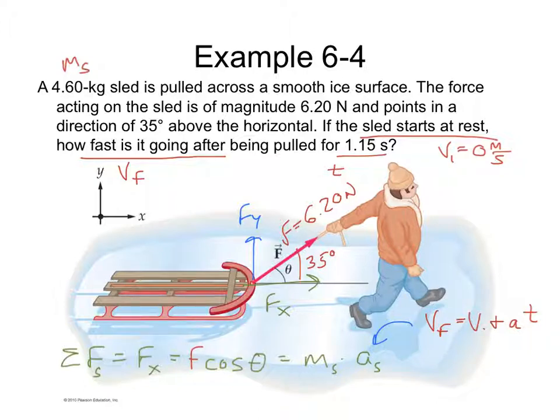Let's go ahead and do that. I'm going to rearrange this and solve for acceleration. So I'm going to do V final minus V initial divided by time equals acceleration. What that means is that since these are equal expressions right here, I can just take this and plug that right in for acceleration, and then the only unknown is my V final. Does that make sense? So let's go ahead and do that on the next page.